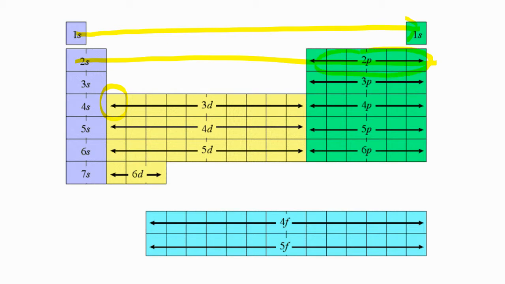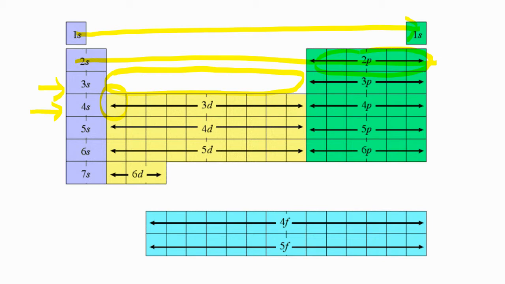And then we said that at the third level, you unlock d orbitals. So you might expect that the first d orbital should be right here. But there's a weird thing about the d orbitals where they actually don't start until after the fourth energy level. So there's this weird jump where there's nothing happening for the d subshell on the third level. But once you get to the fourth level, that's where the d orbitals pop up.